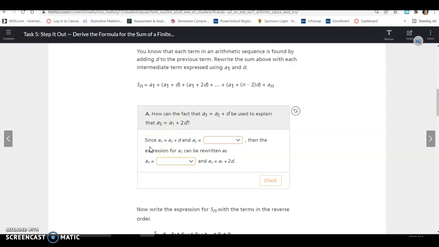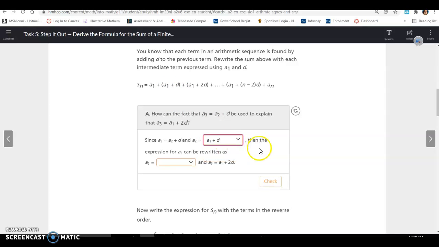All right, so since a sub 3 equals a sub 2 plus d and a sub 2 equals a sub 1 plus d, then the expression for a sub 3 can be written as a sub 3 equals a sub 1 plus d again.